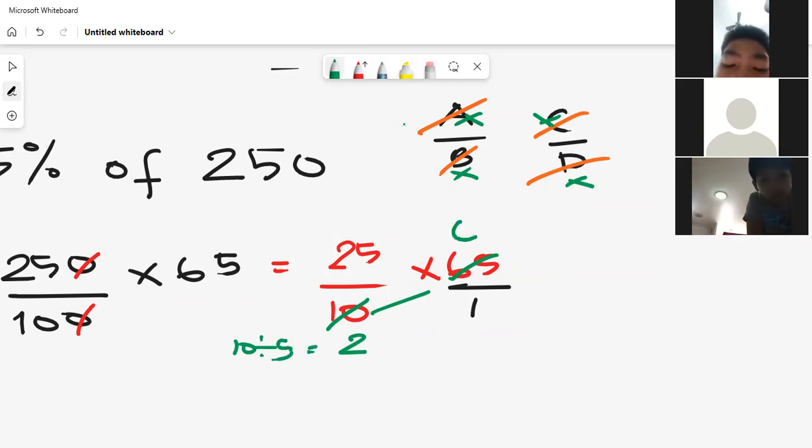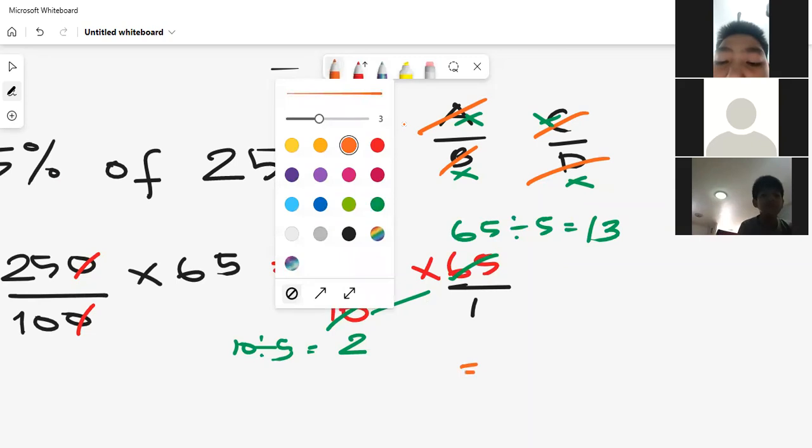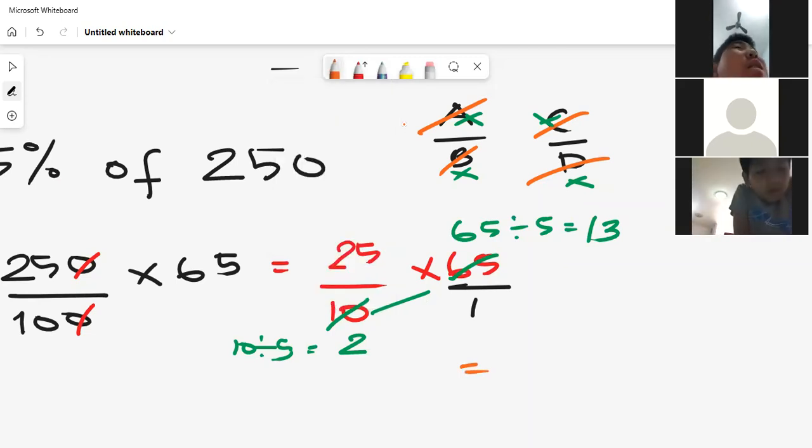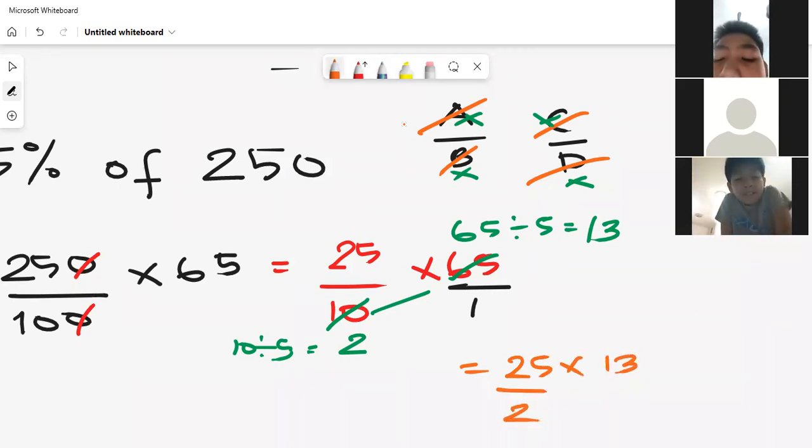And then 65 divided by 5 is equal to 13. Okay, so we have the final here: 25 times 13 over 2, or divided by 2.